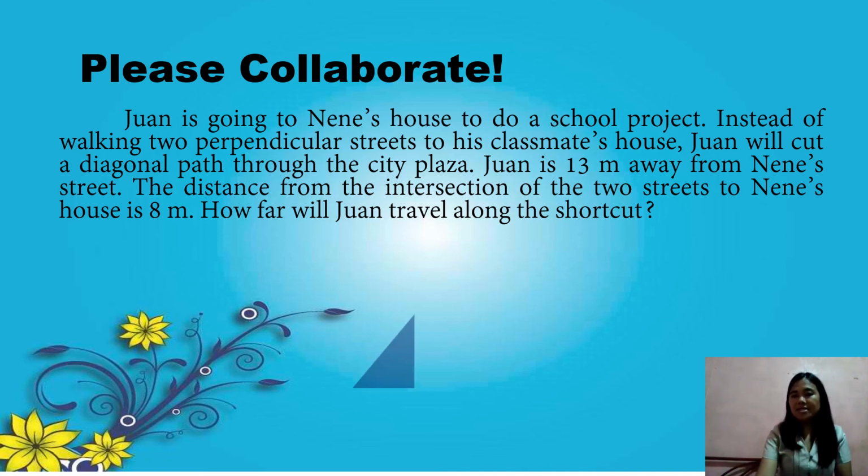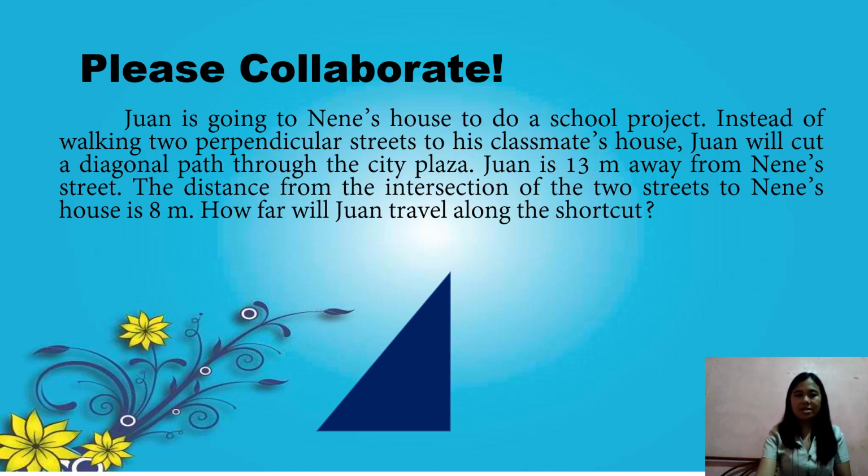So, this can be illustrated by a right triangle in which, for example, we have here Juan's house, and then the intersection, and Nene's house. Since he takes a shortcut in a diagonal way, it is this. Okay? So, this is Nene's house, while this one here is Juan's house. Okay? So, where are we going to put the given?